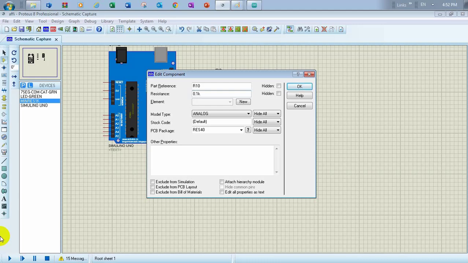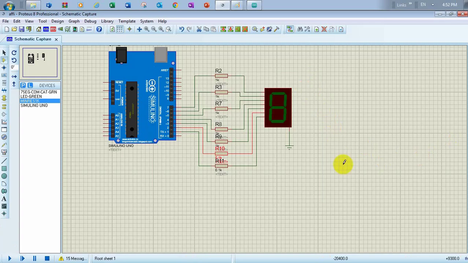Okay, and that's for pin number 2, unit pin number 2.